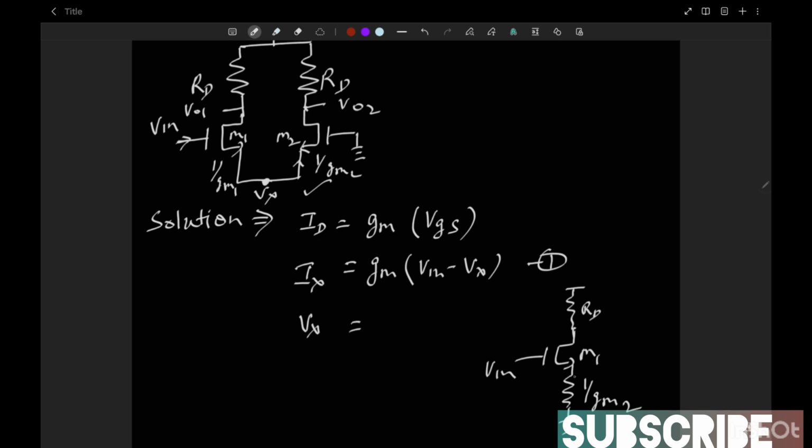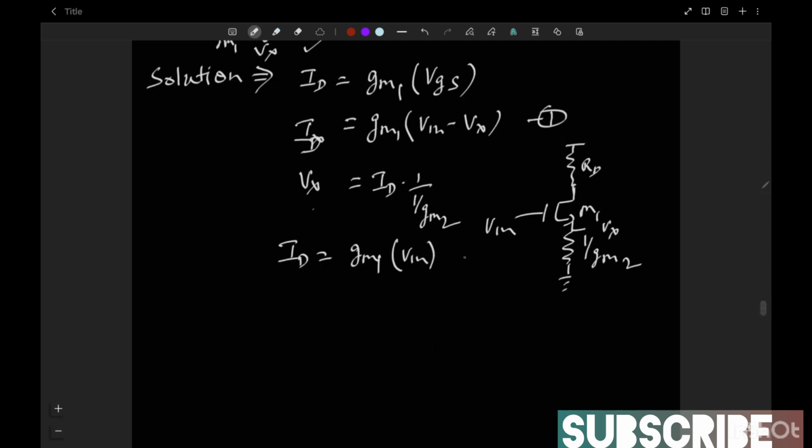So the vx will be your id into 1 by gm2. Just put this vx here, your id will become gm1 Vn minus gm1 into id upon 1 by gm2.